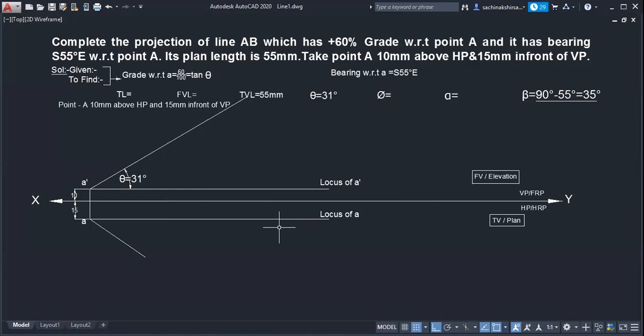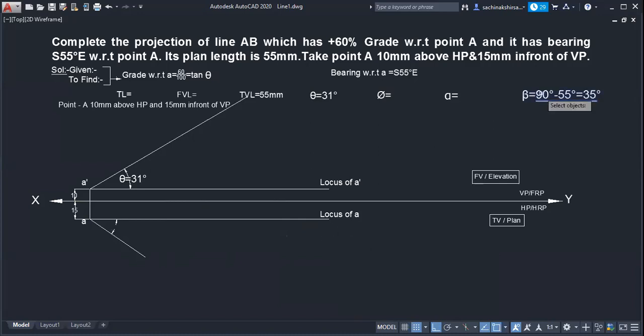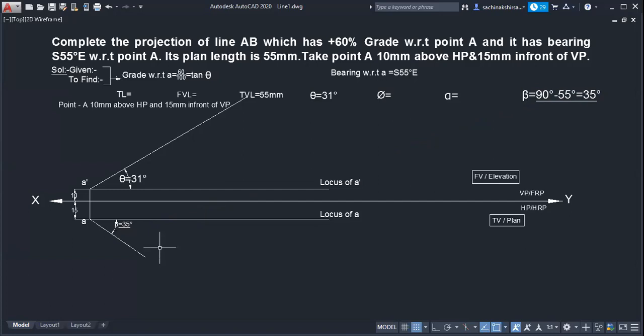So we can mark that also. This beta we have marked. Here I will give the beta notation. Beta equal to 35. Beta we have marked.